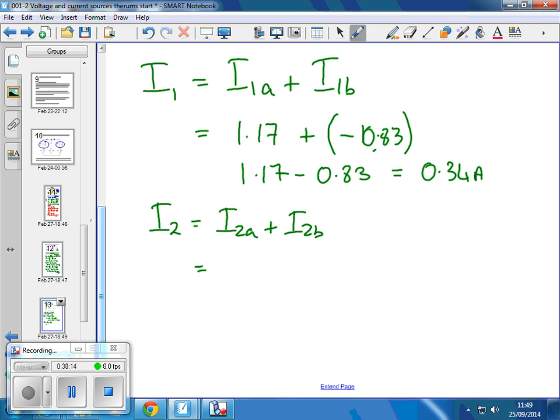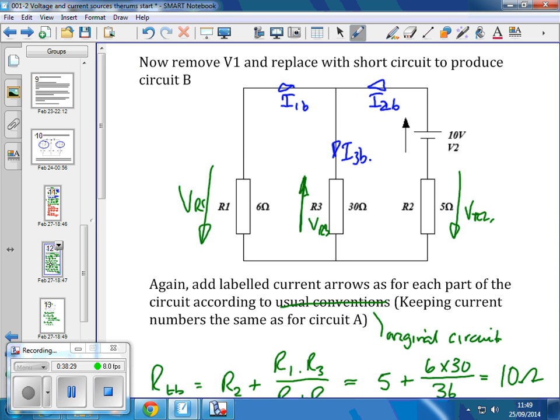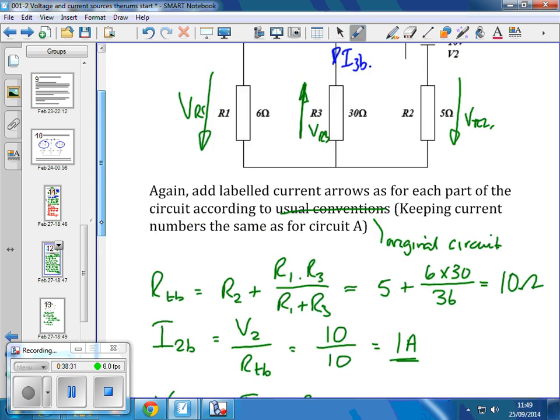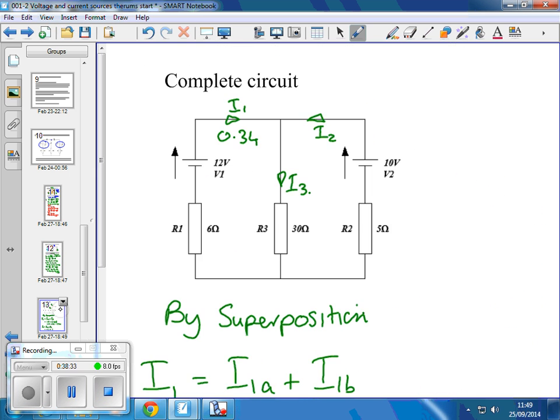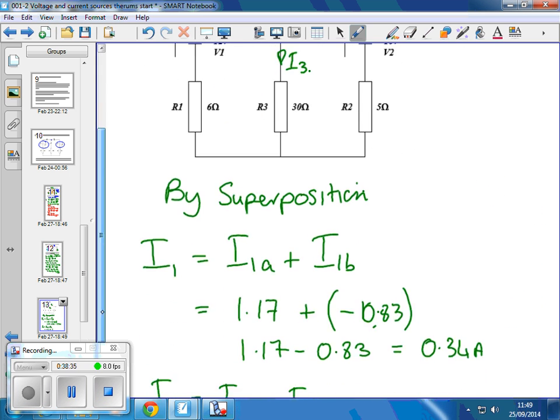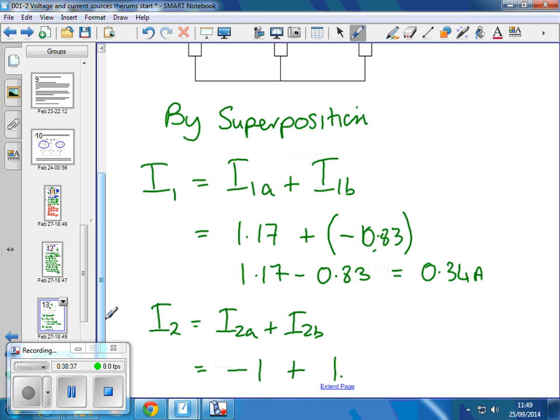I believe that was a negative value. Minus 1 plus I2B, which is 1. Really? Yeah, that was 10 divided by 10. Yeah, it was indeed. So this works out equals no amps.